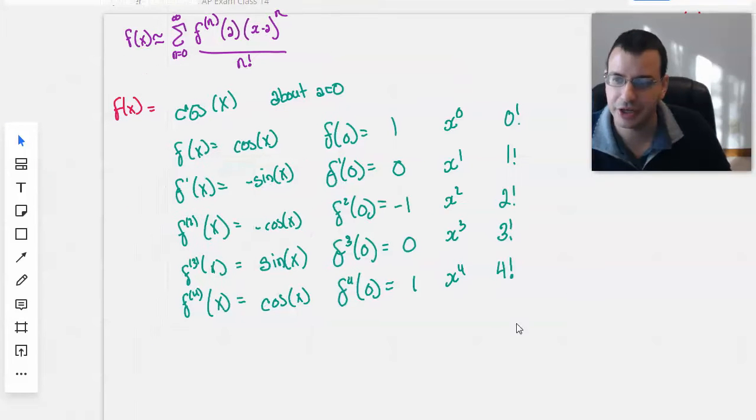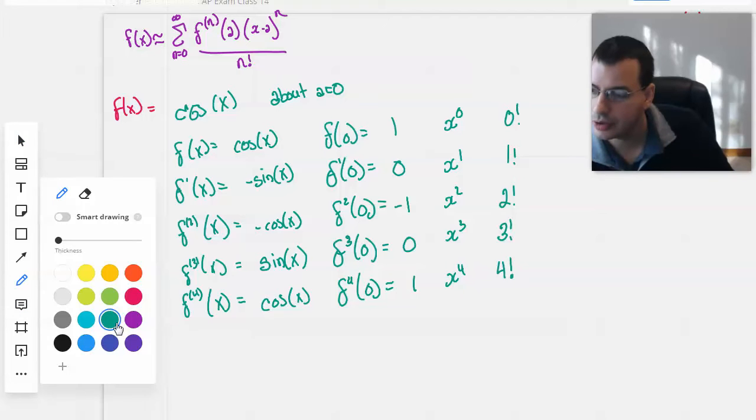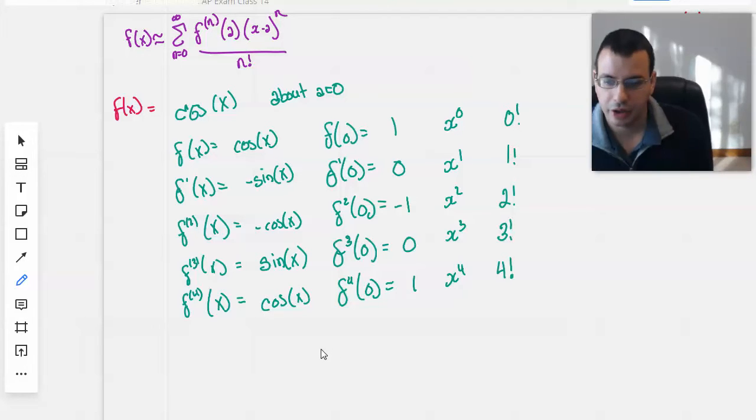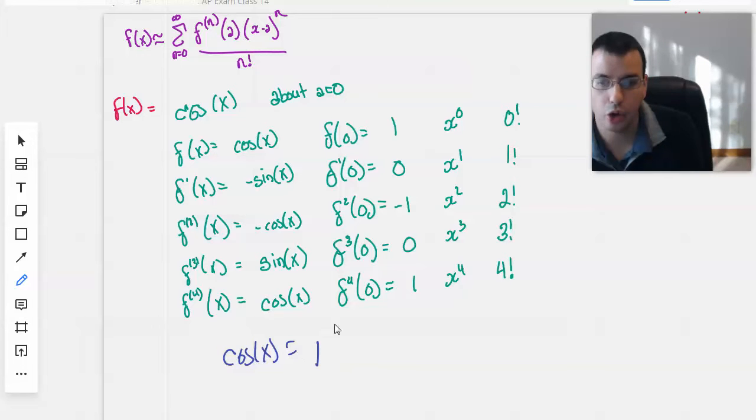Okay, so now try and get the big view here. Blue. So we'll do this times that divided by that. So we'll start with 1. Cosine of x is approximately 1 over 0 factorial. 0 factorial is 1 plus 0 x over 1 factorial plus minus x squared.